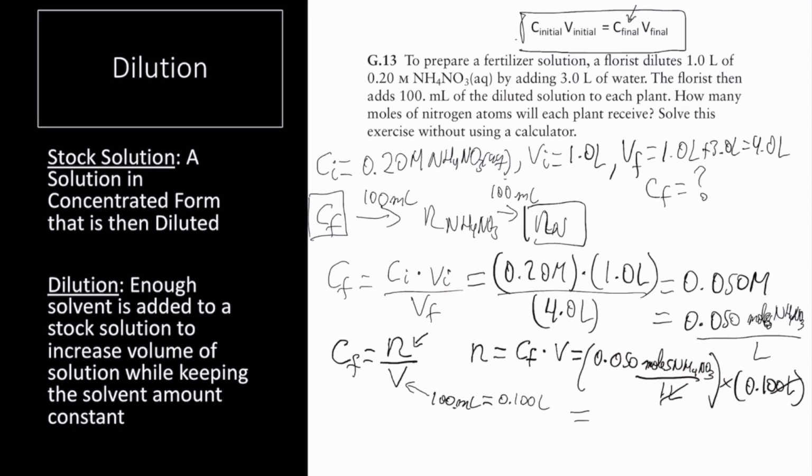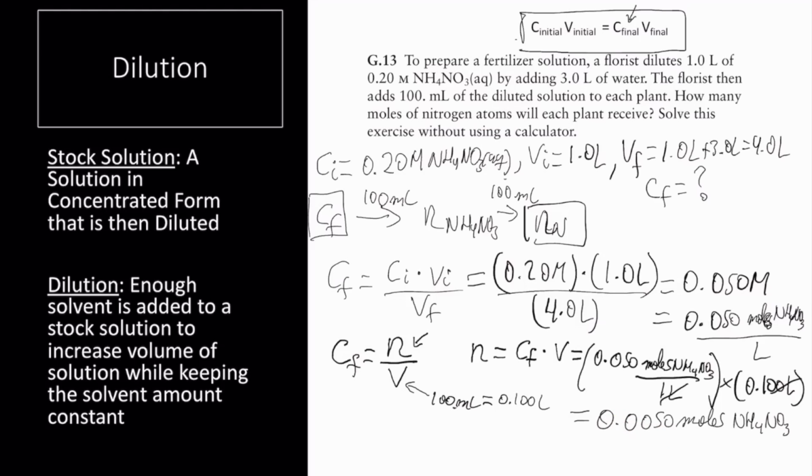So this answer must have two significant figures because that is the least number of significant figures in one factor. Here we have two. Okay, so that should give us 0.0050 moles of ammonium nitrate. And then we need to convert this number of moles into moles of nitrogen.